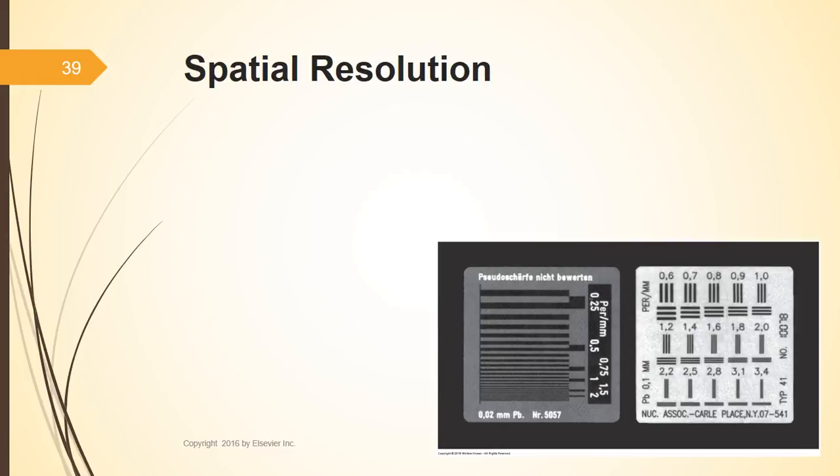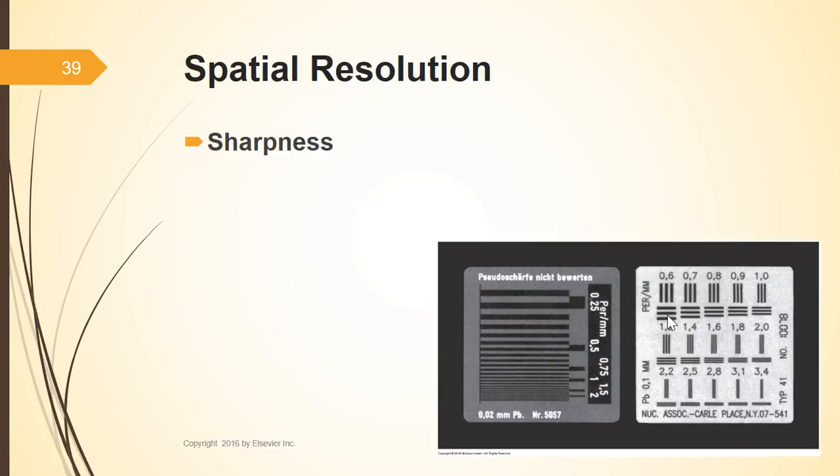Associated with focal spot size is something called spatial resolution. This is a test image from a quality assurance program, and it just gives you an idea of what we're looking at here. The definition of spatial resolution is the ability to distinguish two separate objects as separate. So if you are x-raying a hand and it has multiple bones, you need to be able to see each bone individually.